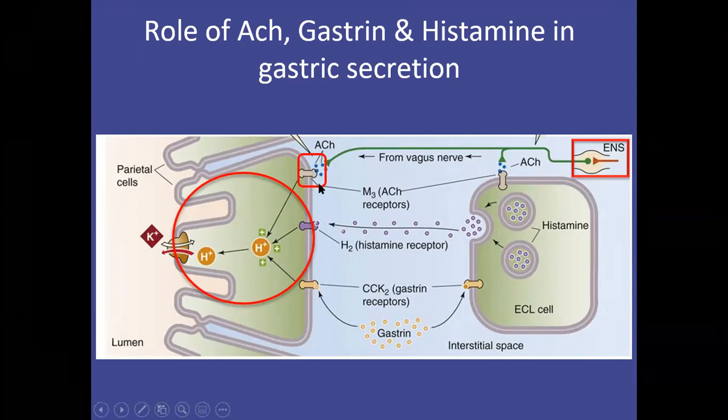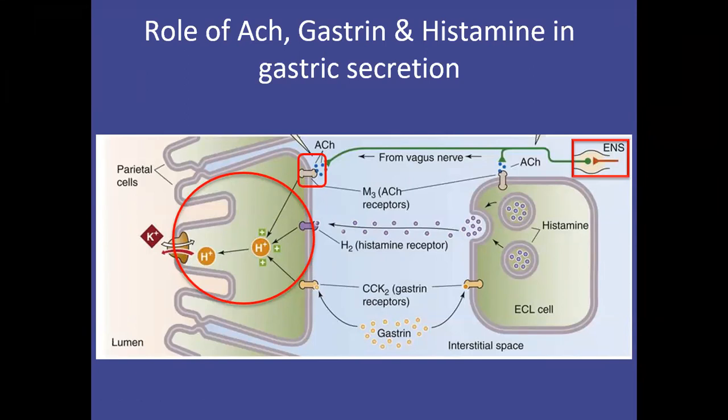And based on your prior knowledge, M3 receptors are coupled with the G protein and eventually lead to a cascade of generation of second messengers, DAG and IP3, and several protein kinases are activated, which eventually culminates in the activation of the proton pump. So this is one pathway by which the parasympathetic nervous supply, via acetylcholine activating M3 receptors on the parietal cells, leads to increased secretion of acid.